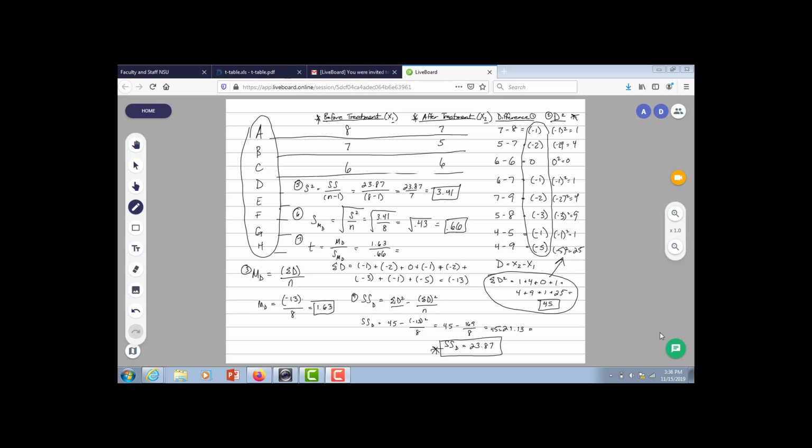When we divide 1.63 by 0.66, we end up with 2.47 as our calculated t. So this is the calculated t that we will use as a means of comparing it to our t critical to determine if there is a significant difference across the dependent variable as it relates to treatment.